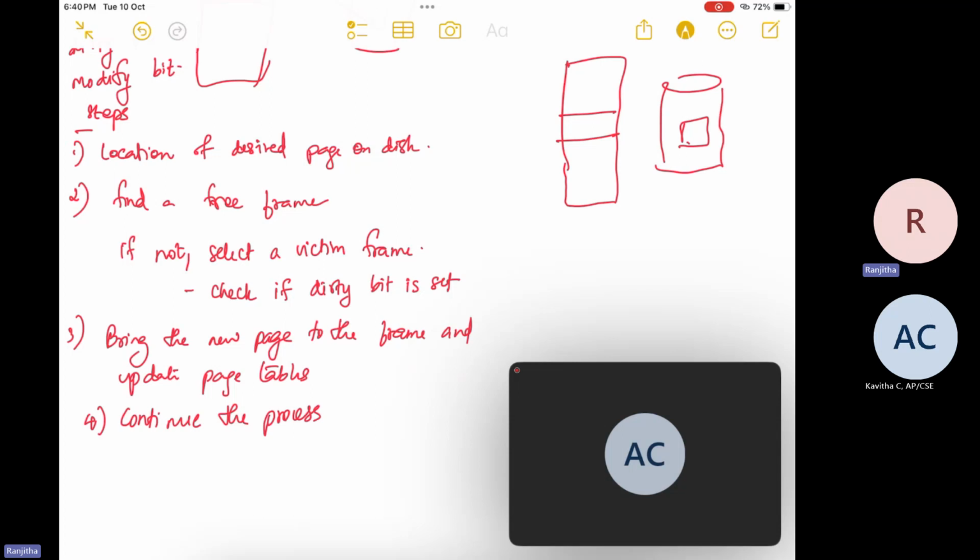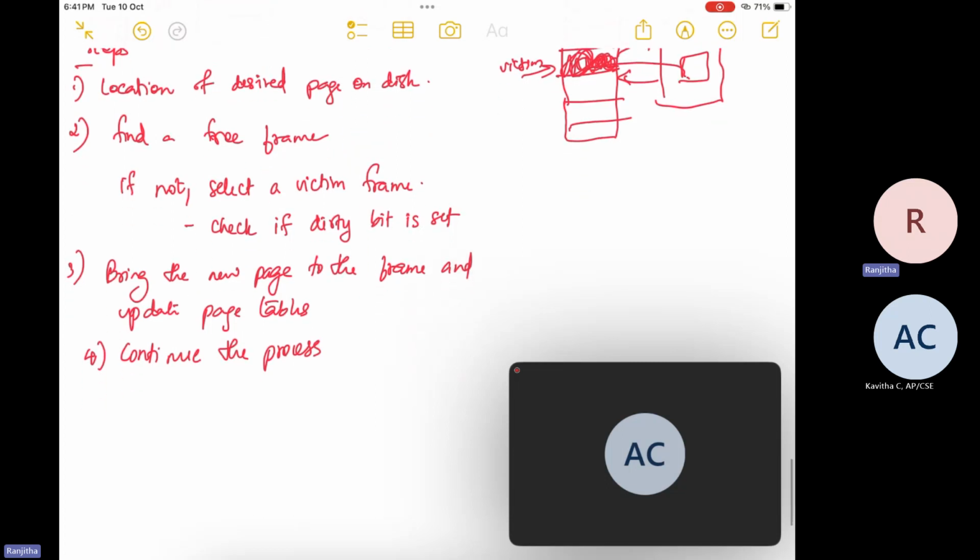Suppose there is a free frame, then just bring it over here. If there was no free frame and all are occupied, then choose a victim. Then check if it's dirty or not, write it out, and then bring in the new page. So these are the steps in page replacement.